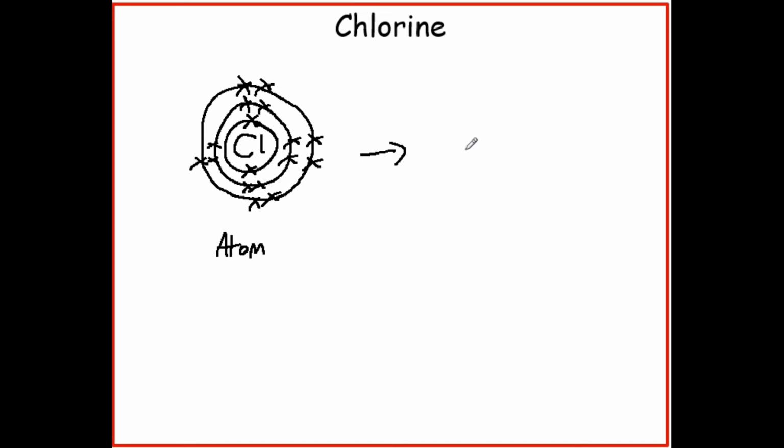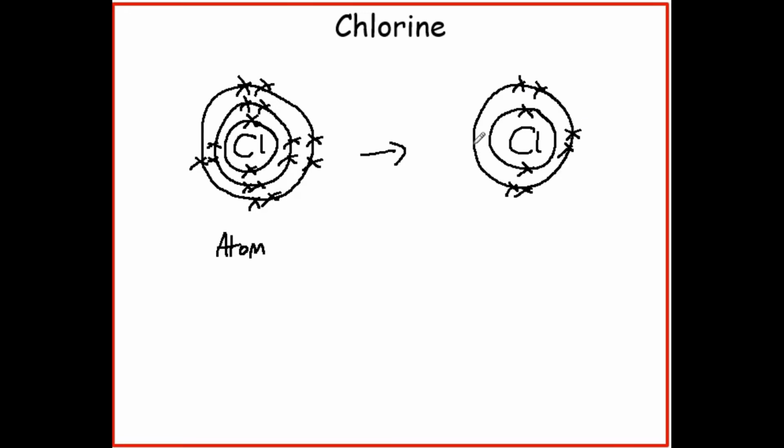Now what's going to happen in this case to make the chlorine ion is we're going to gain an electron. So we still have the 2 on our inner shell, we still have our 8 on the next shell, and then on that third shell we still have the 7 electrons that we started with, but we're also going to gain an extra electron, and we draw it as a dot because these are what we call dot and cross diagrams.